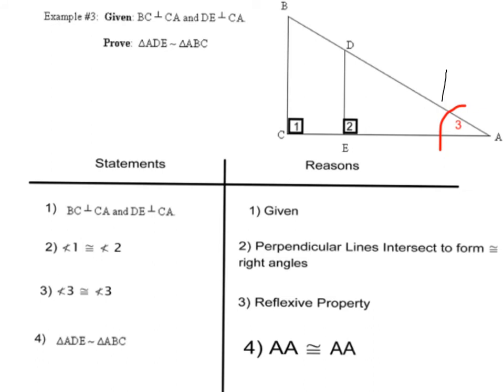Please make sure that you're using the similar symbol right here, a similar symbol right there, and you want to use a congruent symbol right there. So similar here, congruent there. Everybody clear on that? Make sure you use similar in the statement and congruent in the reason. Let's take a look at the next one.